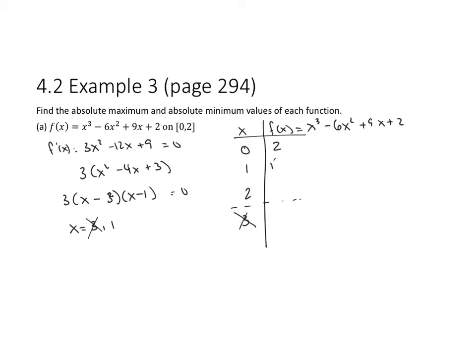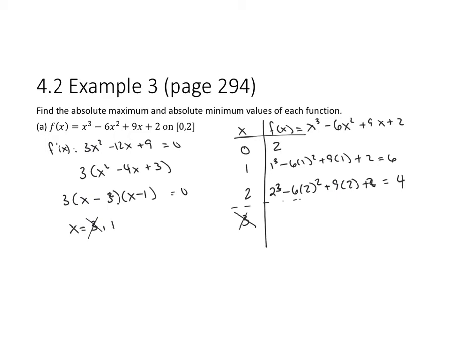F of 1, let's see, 1 cubed minus 6 times 1 squared plus 9 times 1 plus 2 is 6. And then same thing for 2. 2 cubed minus 6 times 2 squared plus 9 times 2 plus 2. I'm just going to put this right in my calculator. Is 4.